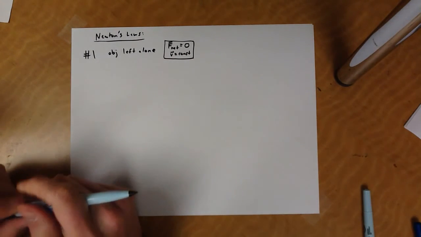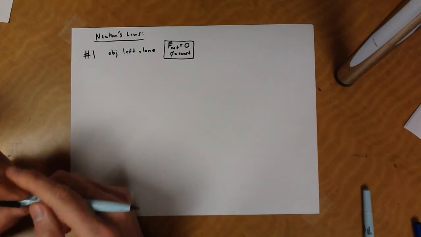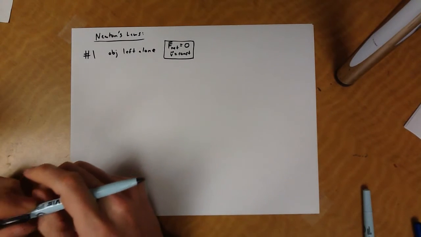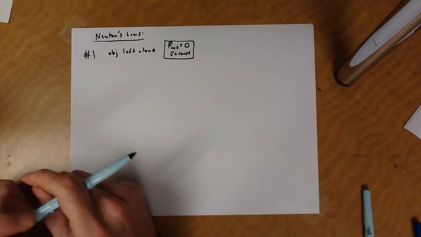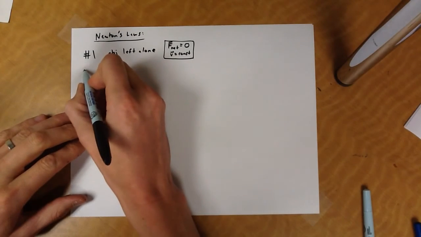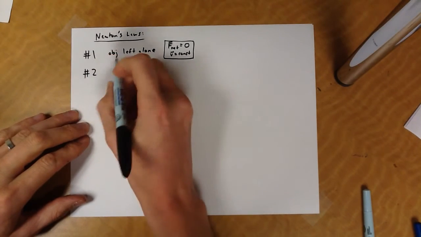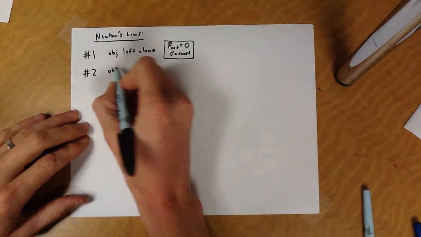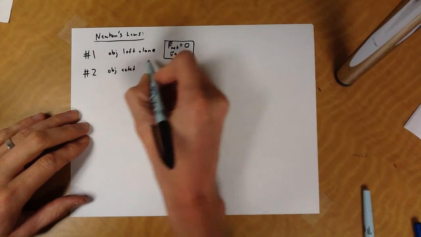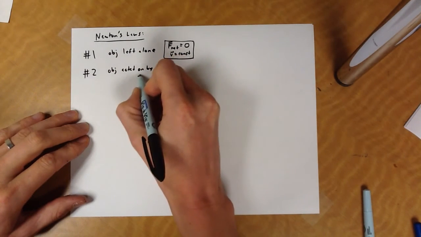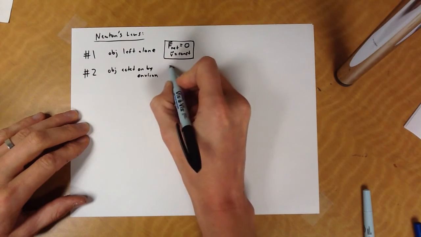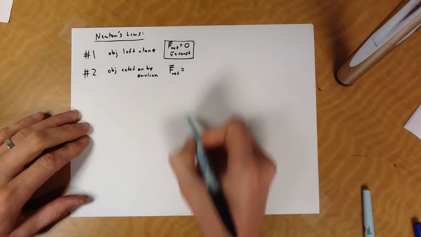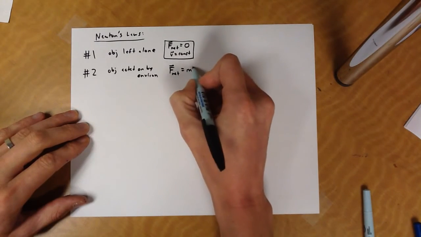We learned about this idea of inertia, that an object will continue to do what it's already doing, whether that be staying at rest or staying at some very, very large velocity. It's going to stay there if you leave it alone. The second law says, what if the object is acted on by the environment? Then we of course said if you do have a net force on the object from its environment, it will accelerate.